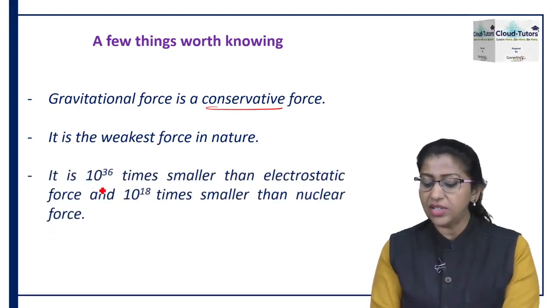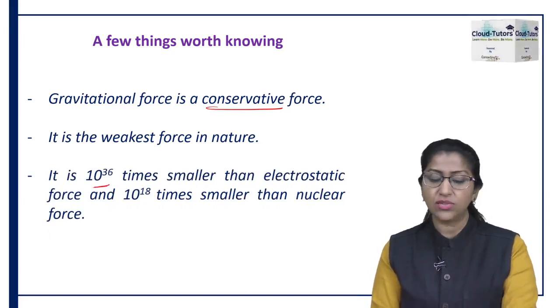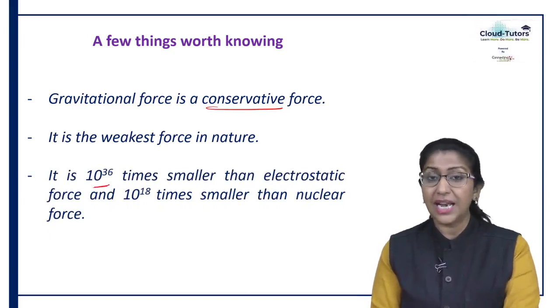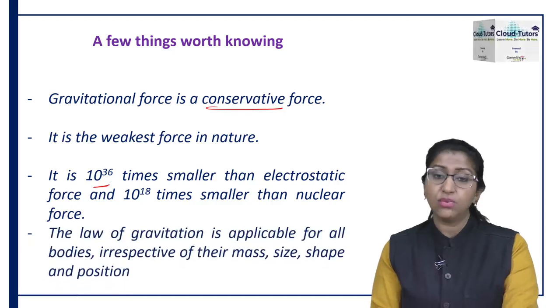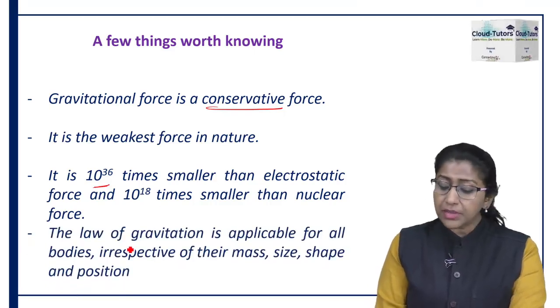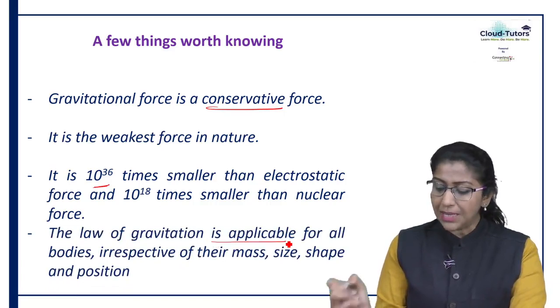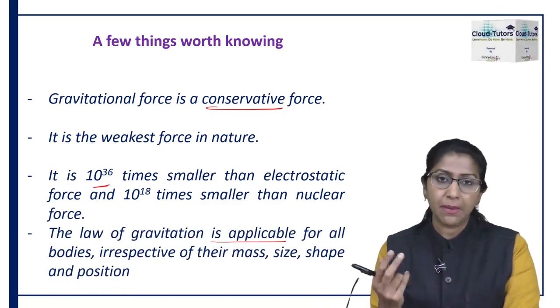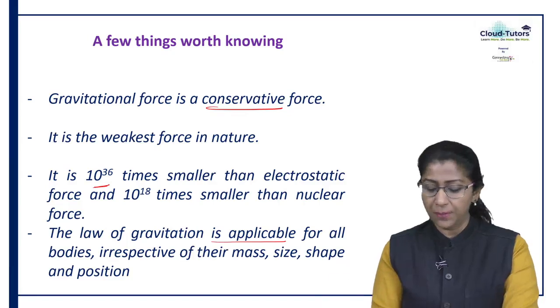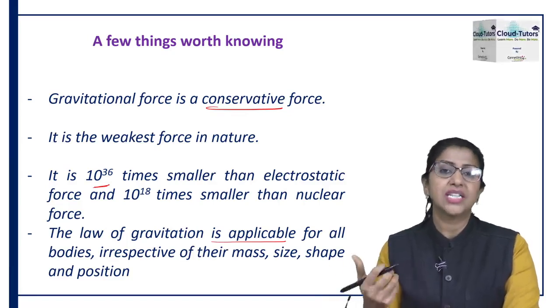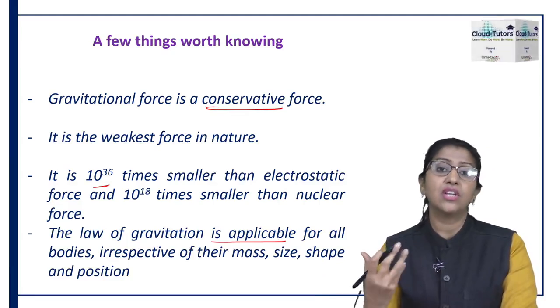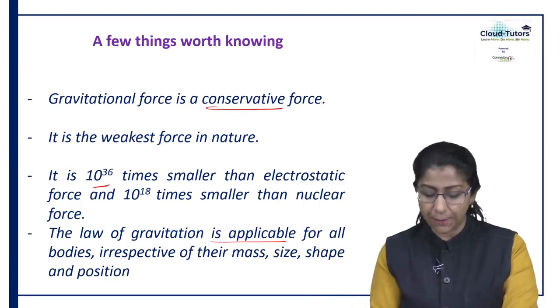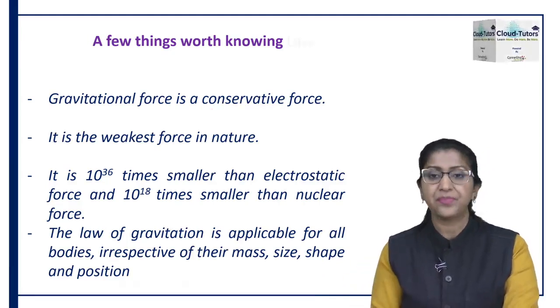It is 10 raised to 36 times smaller than the electrostatic force and 10 raised to 18 times smaller than the nuclear force. The law of gravitation is applicable to all bodies, irrespective of their size, shape, anything at all. If they have mass, the universal law of gravitation is applicable to them because they have their gravity.